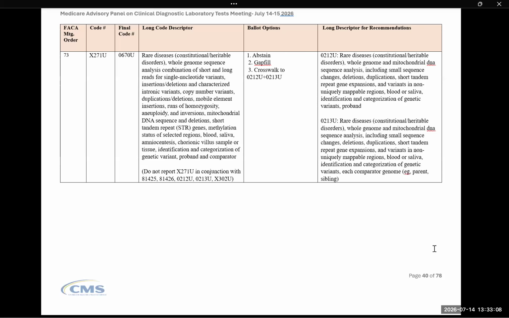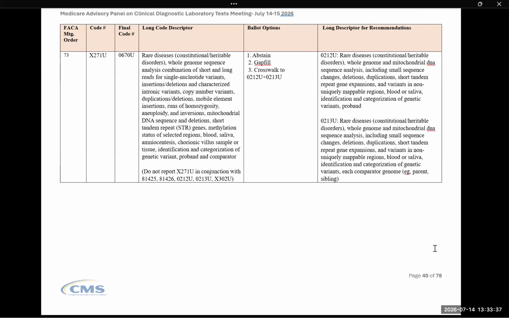Okay, I will hand it back over to Megan, where we'll be doing some continuation of our previous code discussion. Thank you, Rashida. So just for everyone's knowledge, there were a couple of errors in some of the codes that we have discussed, some of the whole genome sequencing combination codes.